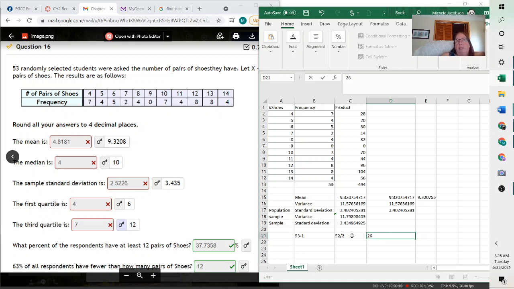Now we want to break it into quarters. So if we take that 52 and divide it by 4, we get 13. So there's 13 of them. You'd have 13 and then your median.